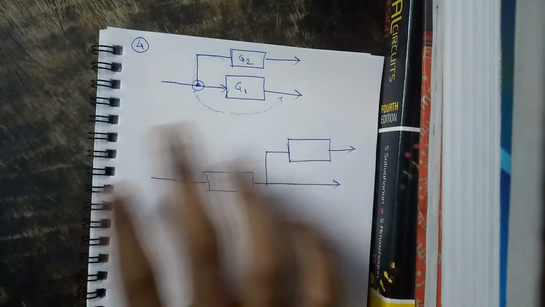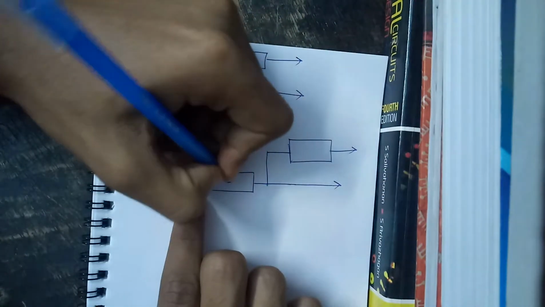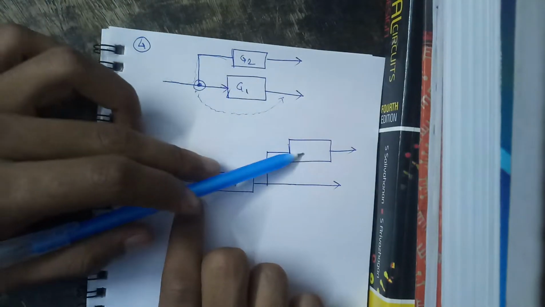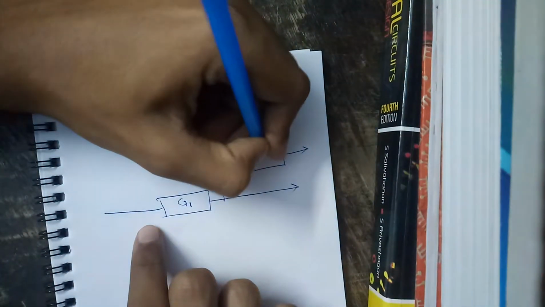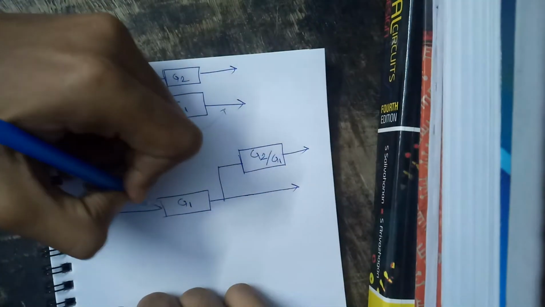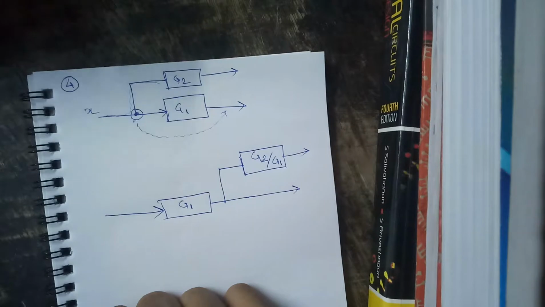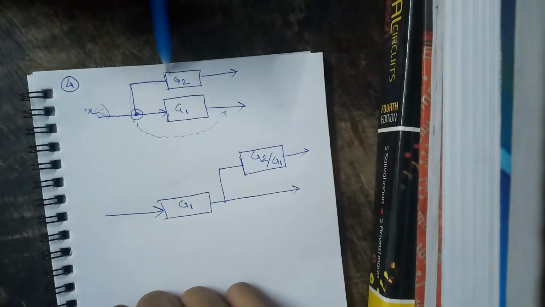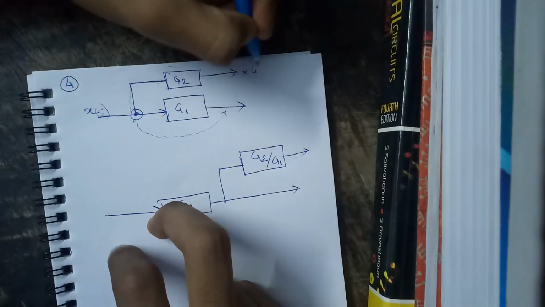This block would be the same, g1. This block, that was g2, would now be g2 by g1. We'll explain why this is happening. Suppose a signal x is coming in here. Suppose in the s domain, this signal becomes x into g2.